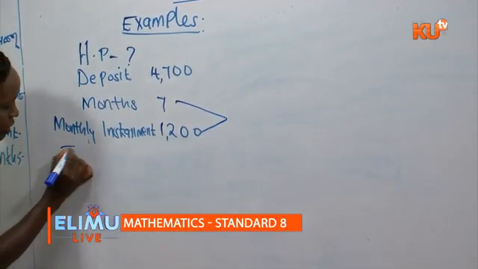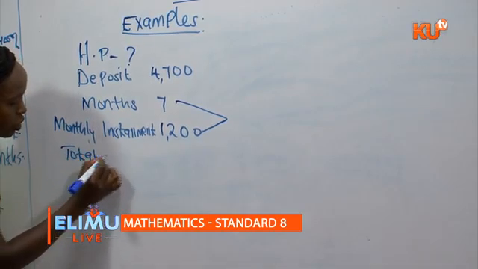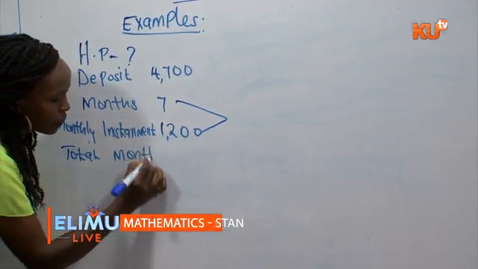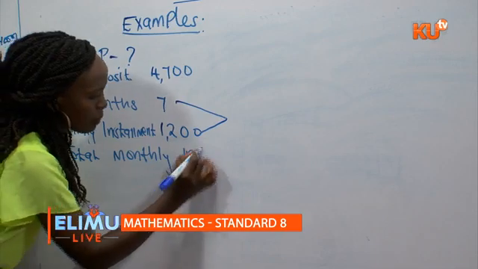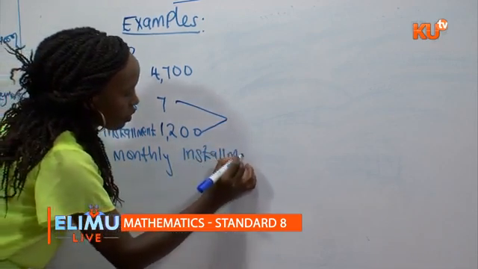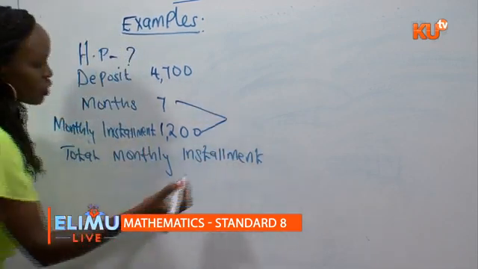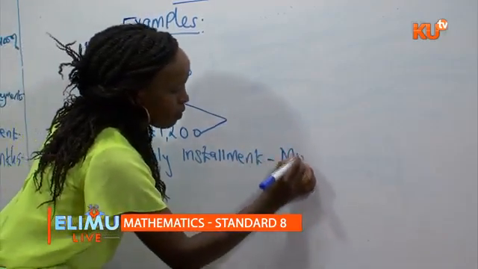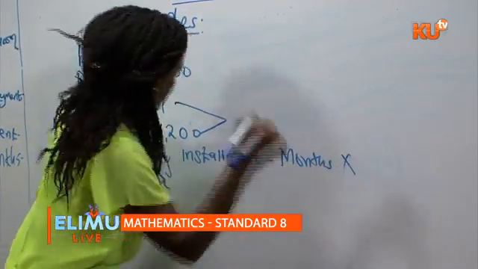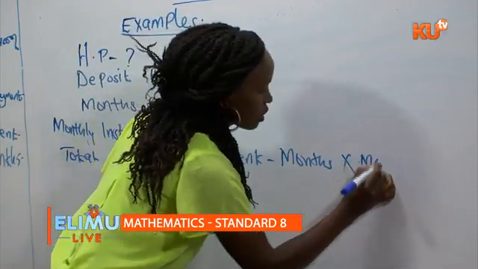So let's start by getting the total monthly installment, whereby we take the number of months times the monthly installment.